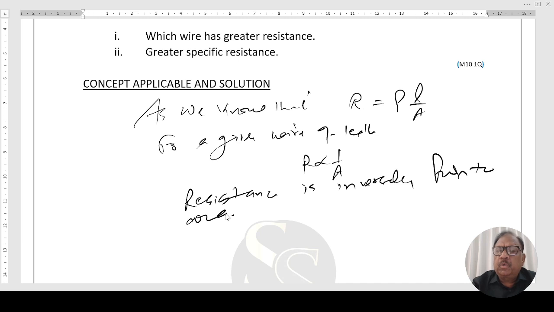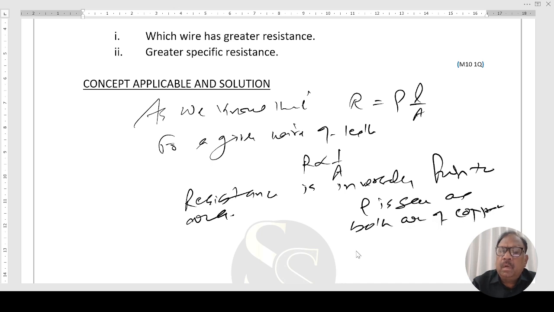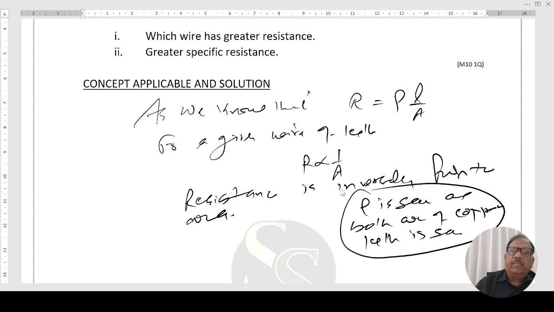Rho is the same as both are of copper. Length is the same. All taken into the constant of proportionality.